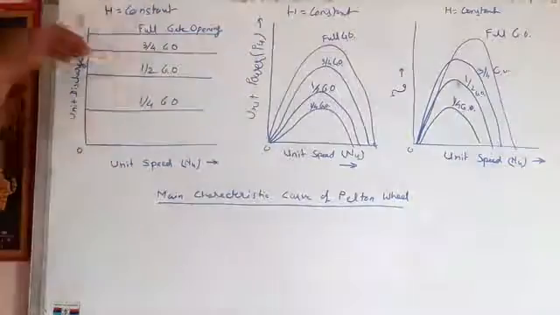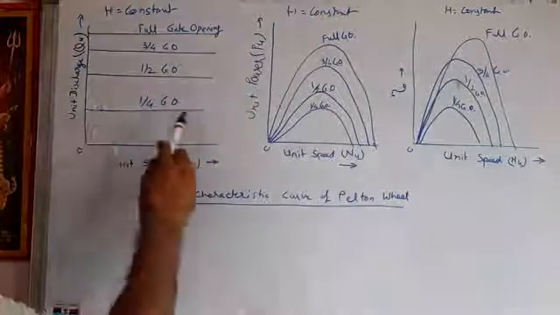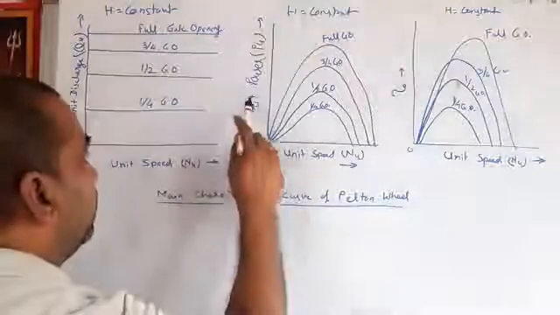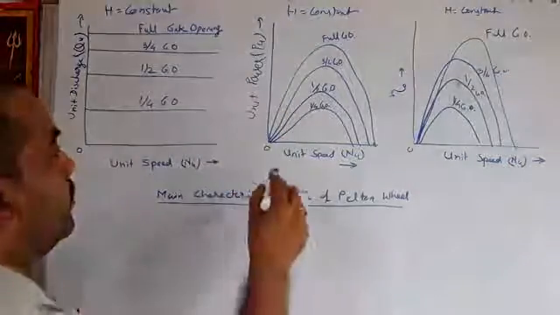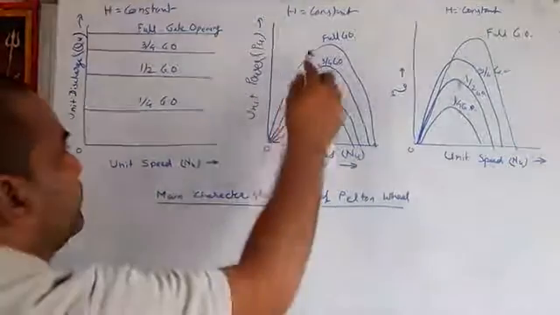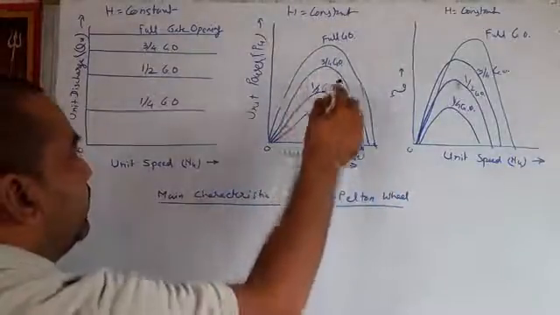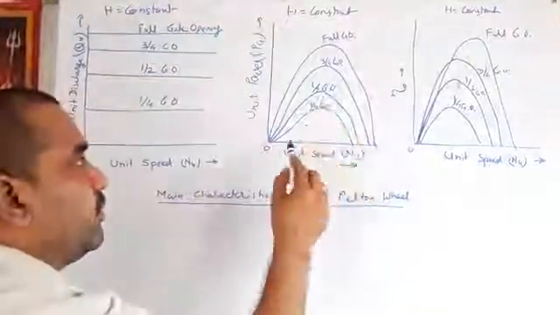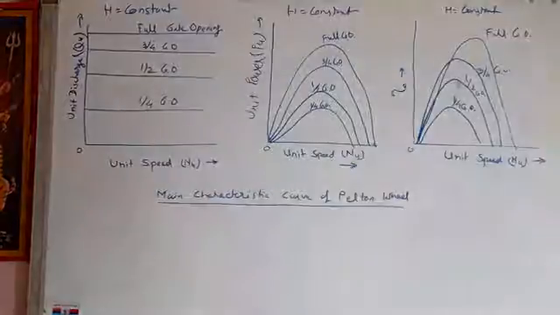This is 3/4 gate opening, half gate opening and 1/4 gate opening. When we draw the curve with the unit power Pu, it goes like this for full gate opening, this is for 3/4 gate opening, this is for half gate opening, and this is 1/4 gate opening.